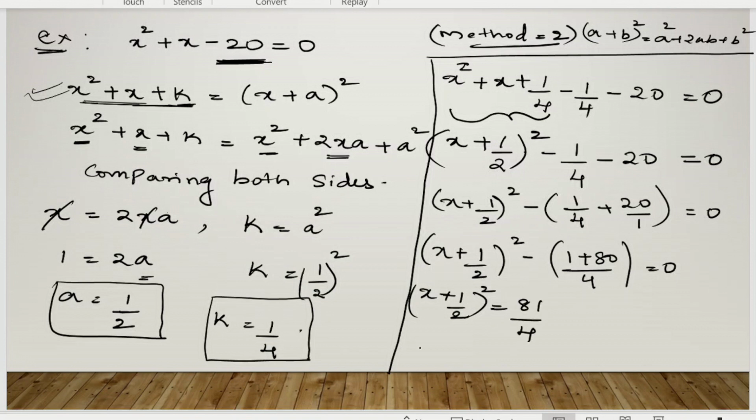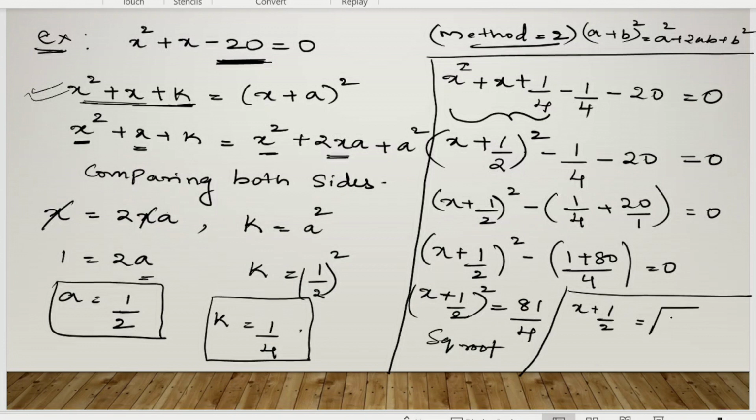Okay. Now again I'm taking square root on both sides. If you take square root on both sides, you will see root and square will get cancelled. You will have x + 1/2 is equal to root of 81/4, right?